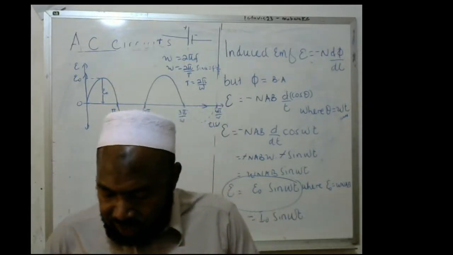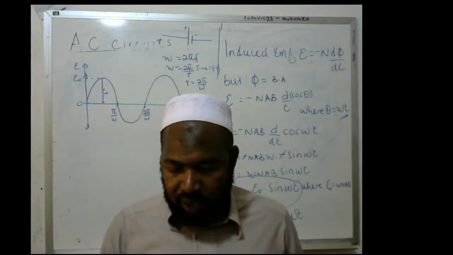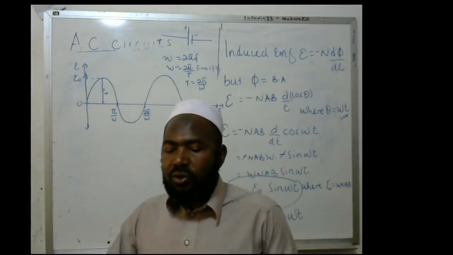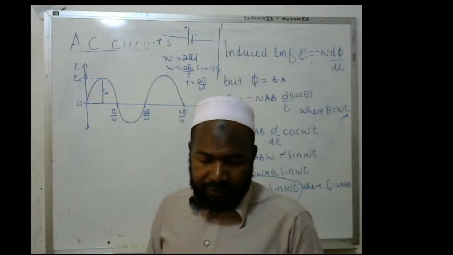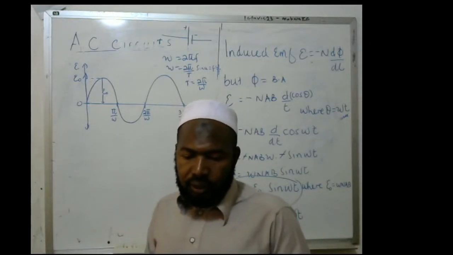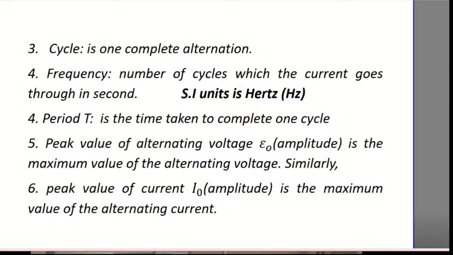Now we go to the next term, and that is a cycle. A cycle is one complete alternation of the current. The fourth term is frequency. Now, the time frequency is usually defined depending on the aspect of concern.